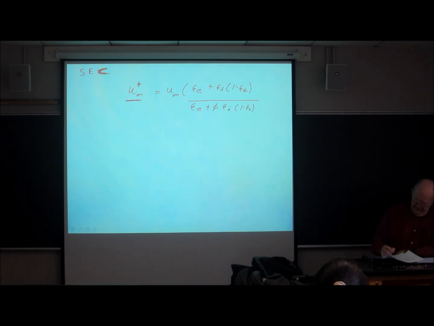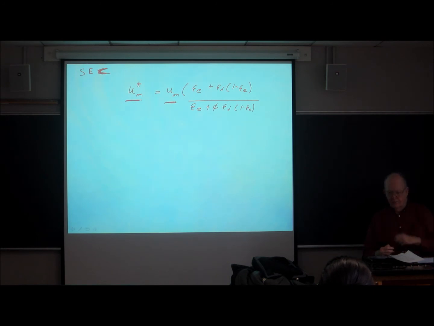This is the velocity of a molecule that fits in some of the pores. This is the velocity of a molecule that fits in all of the pores. Phi is the fraction of the pore volume that's accessible to a particular size molecule, and that has to be between 0 and 1.